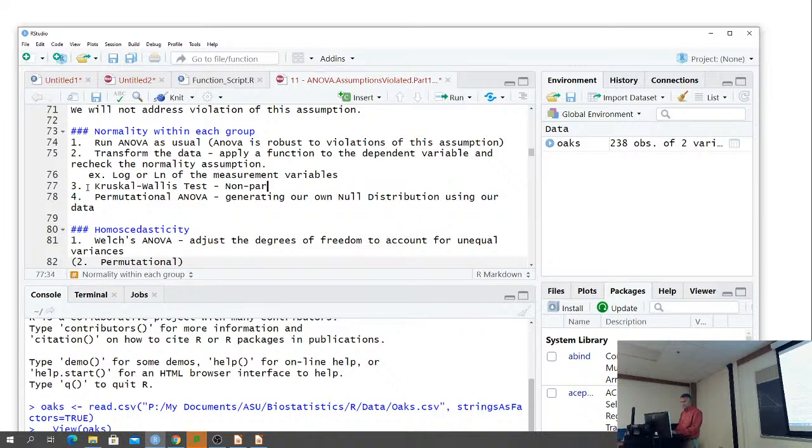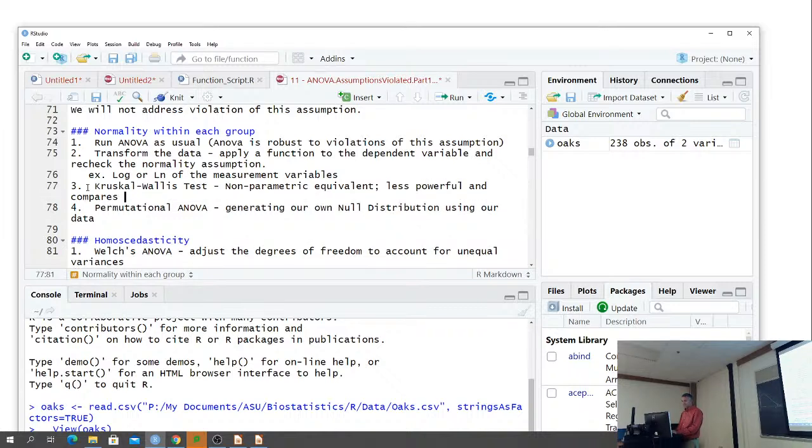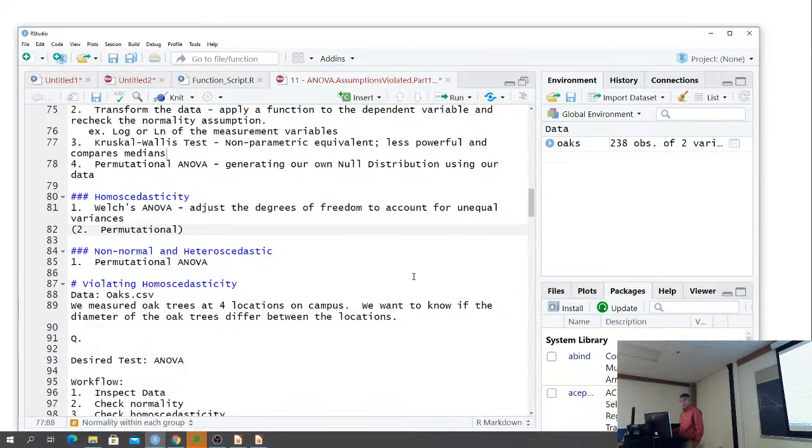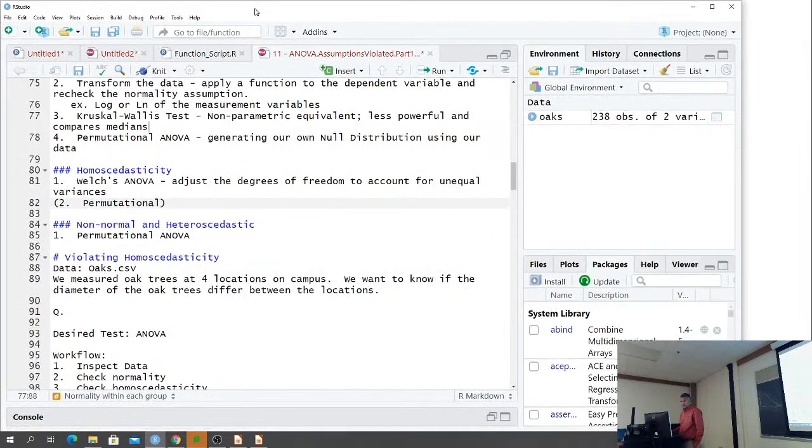The Wilcoxon test, that's our non-parametric equivalent. Less powerful, and compares medians. And we'll introduce all of these. Remember that. So yeah, I don't think we need any of the scripts. I don't think we need standard error or anything else.